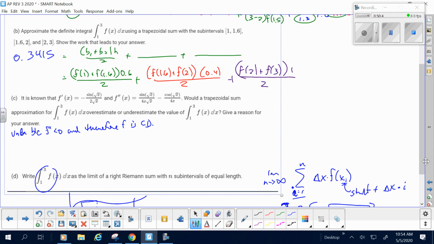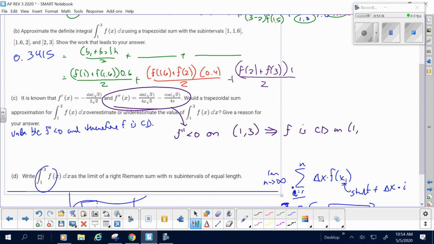This is tempting, to just graph the function and say, hey, see, concave down. But what looks like concave down doesn't necessarily prove concave down. So I actually graphed f double prime and found that f double prime is less than 0 on 1 to 3. And from that I concluded f is concave down on 1 to 3.